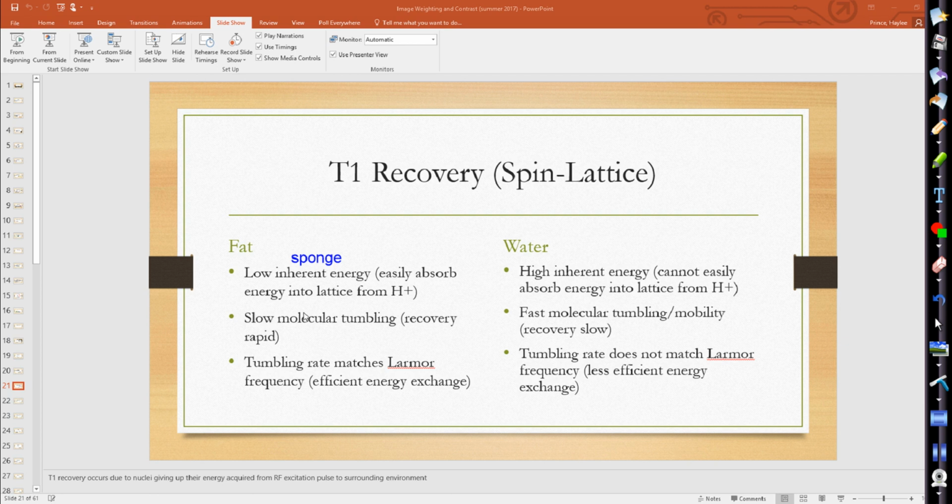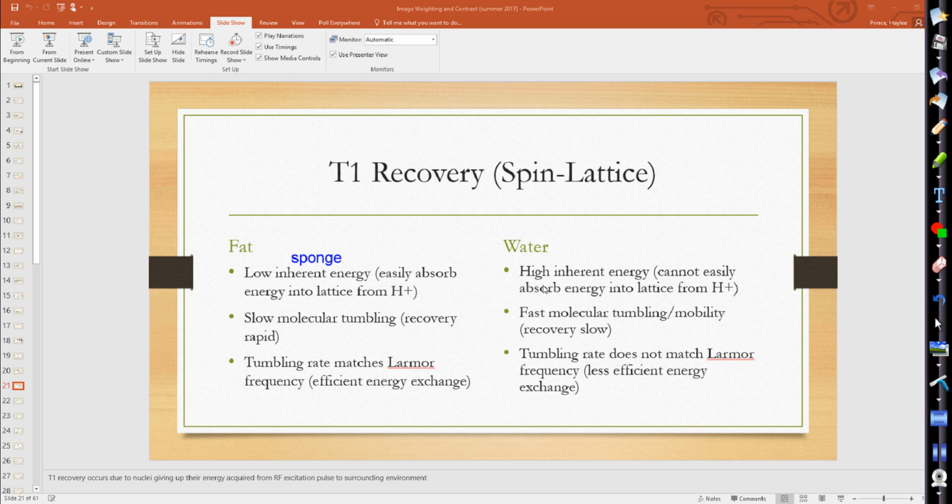Anytime you're giving off energy, you're going to recover a lot faster along the longitudinal axis. Fat has a slower molecular tumbling rate and a lower precessional frequency. So it actually matches up with the Larmor frequency, so there's more efficient energy exchange. So once again, it's giving off energy to the lattice a lot more efficiently and quickly.